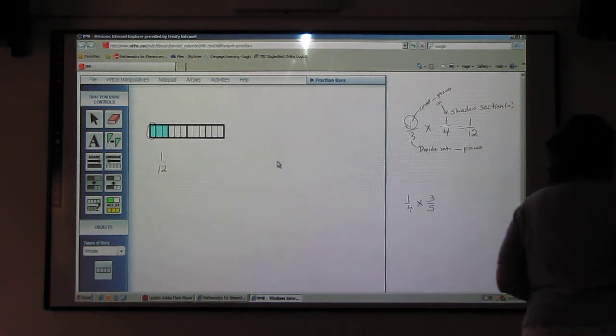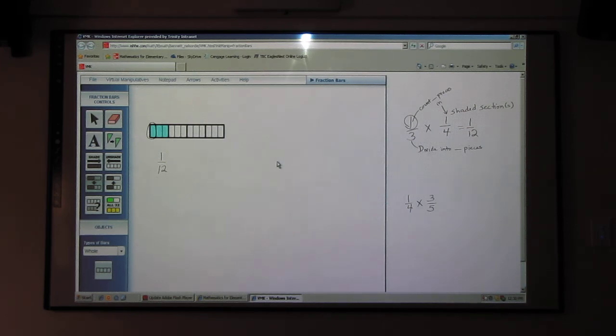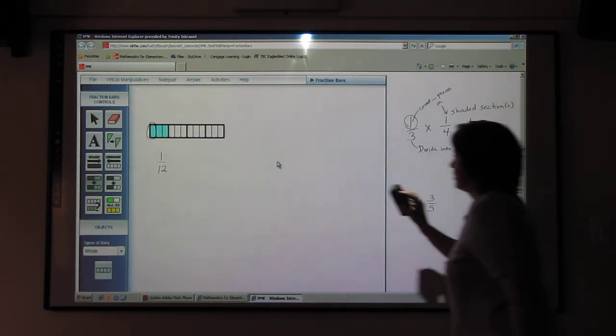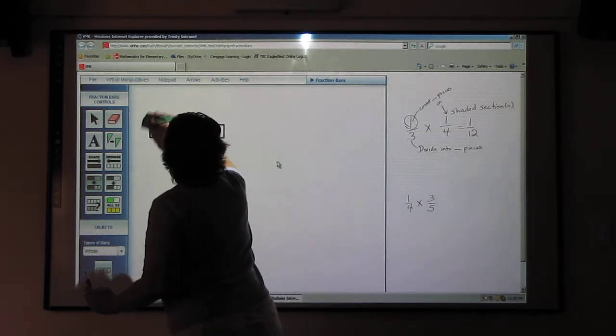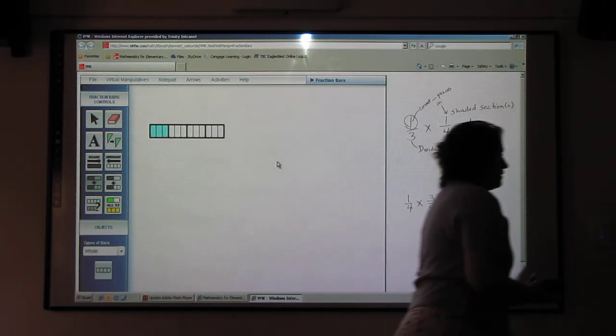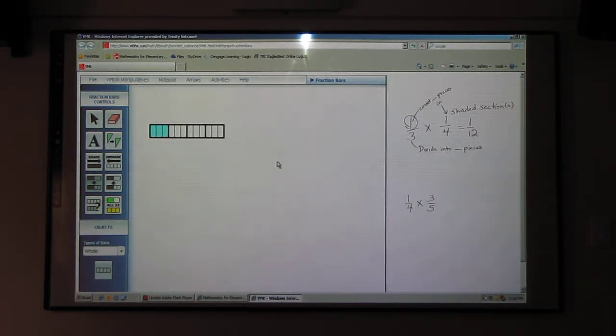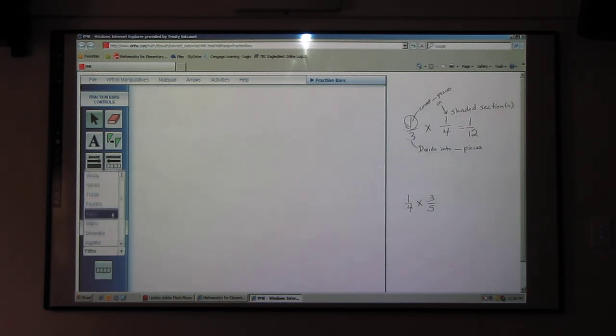Right? Let's try another one, which is a little bit different. It's got more than 1 in both places on the fraction. All right, so let's do 1/4 times 3/5. What I have to get out is a 1/5 piece and shade 3 of them.